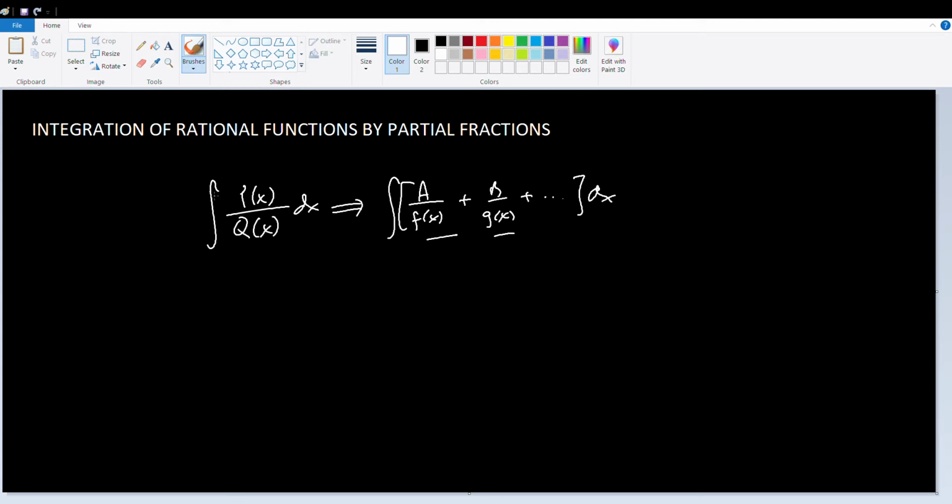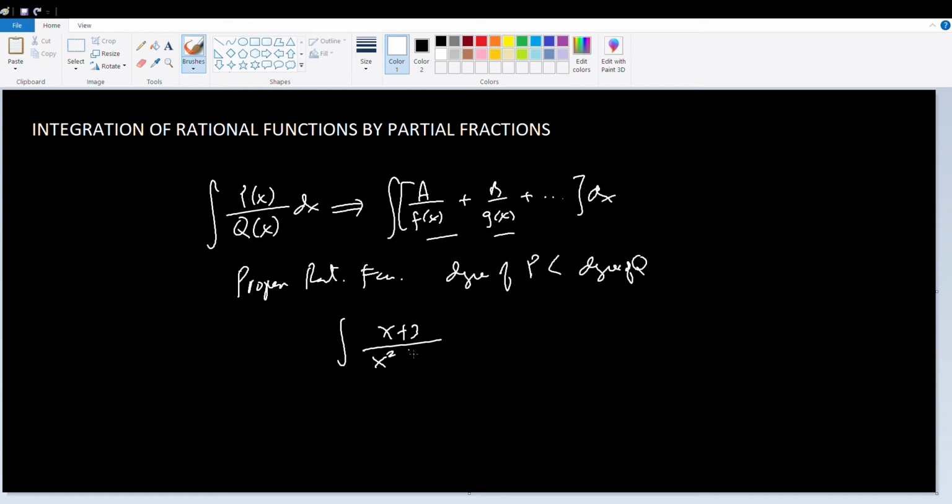So we are given a proper rational function. Proper in the sense that the degree of the numerator, the degree of P, must be less than the degree of the denominator. Example is x plus 3 over x squared minus 7x plus 6 dx.